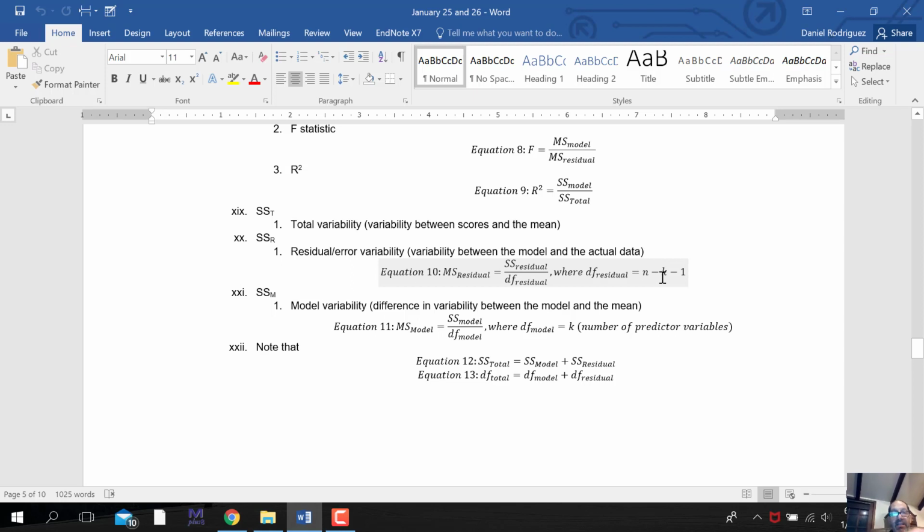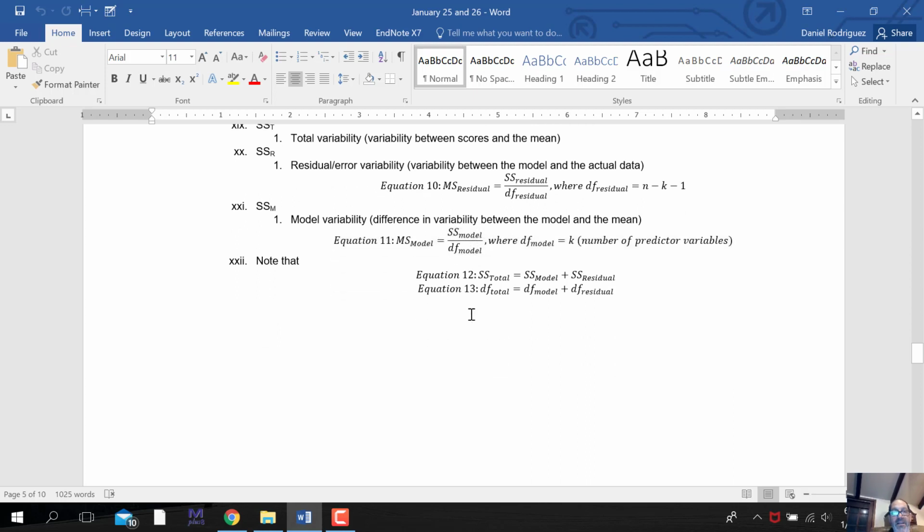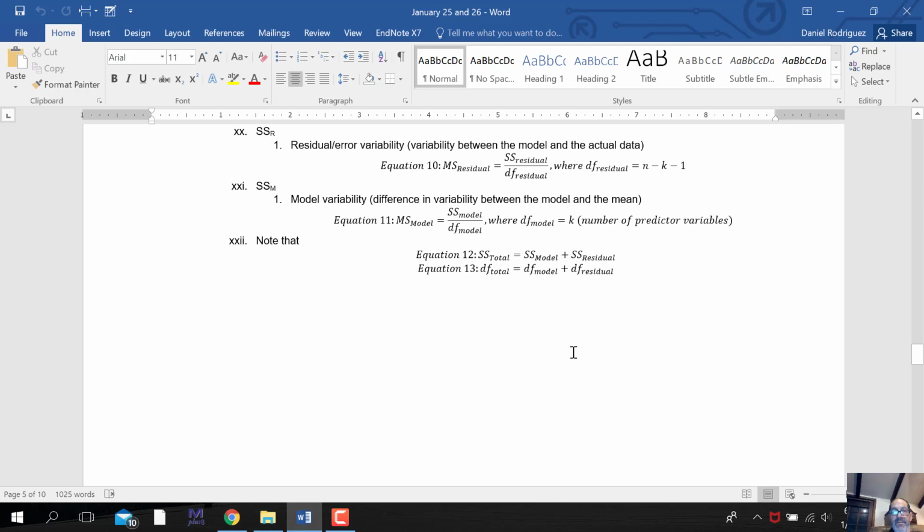And the mean square model is the sum of squares model divided by its degrees of freedom. You're not going to have an infinite number of predictors.